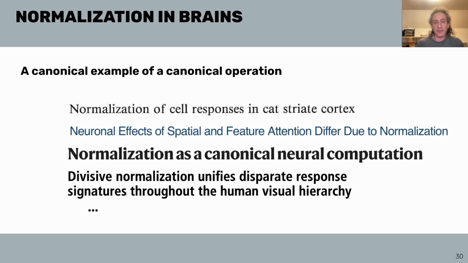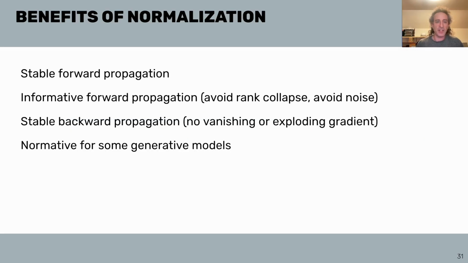In brains, normalization is the canonical example of a canonical operation. And you see normalization all over the place. Many different papers think about how it can explain lots of different properties that we see in the brain and in individual neurons. So, why are we using normalization both in AI and brains? What are its benefits?